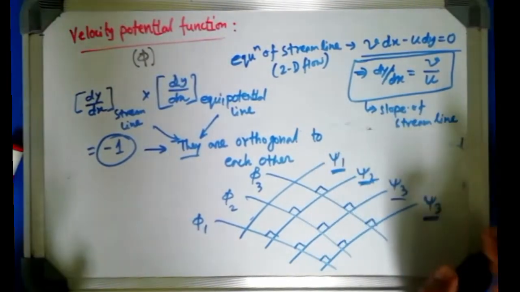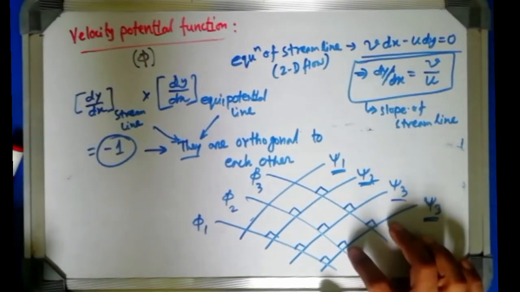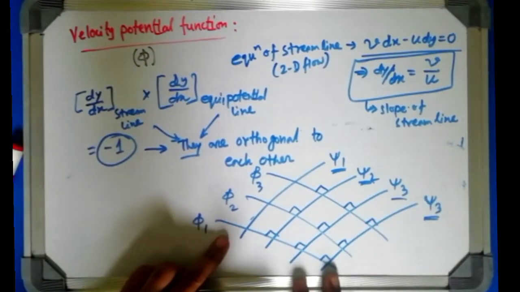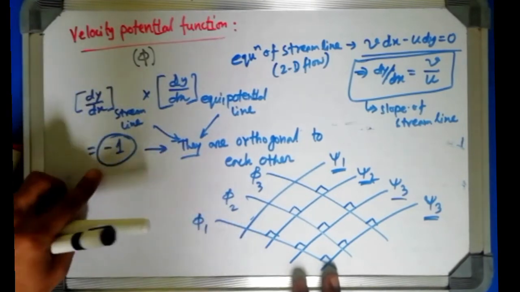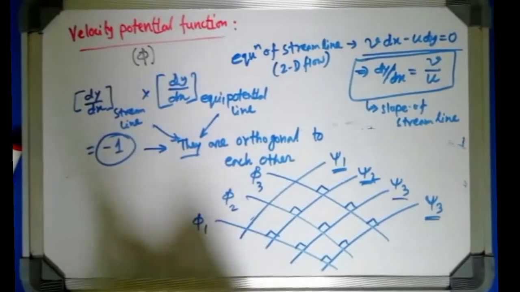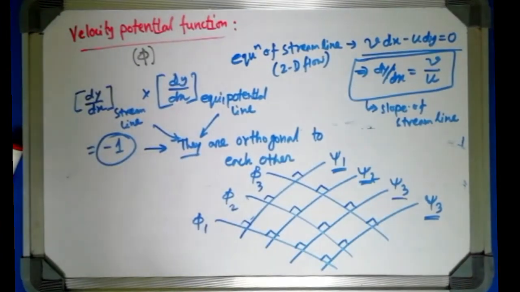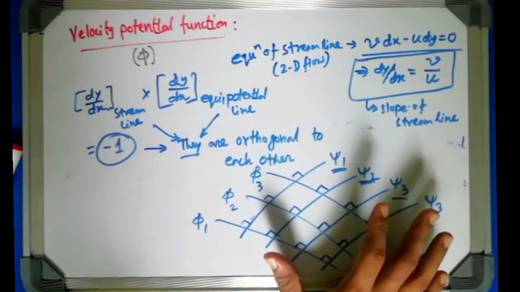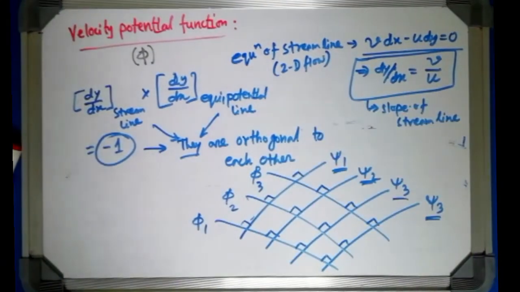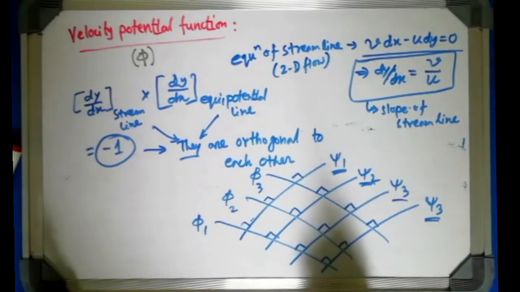So they are equi-streamlines, constant streamlines, and constant potential function lines, and their slopes have a product of -1. That means they are orthogonal to each other. So the intersecting points are all 90 degrees, and that way they construct a grid, or we can say a flow net. We will come to this topic afterwards.